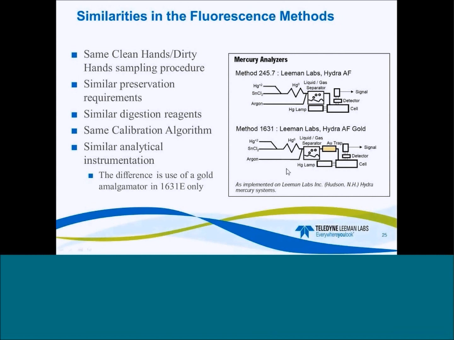The rest of the sample introduction is identical. And most systems will simply put a three-way valve in here so that it can go through the gold trap or bypass the gold trap, giving you functionality for 245.7.